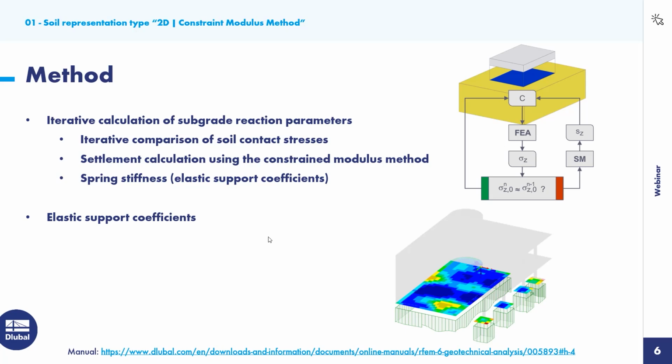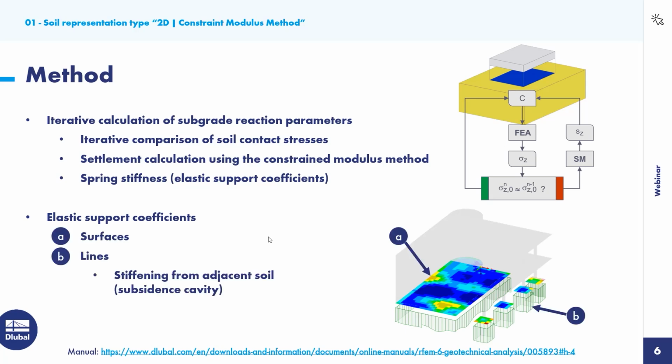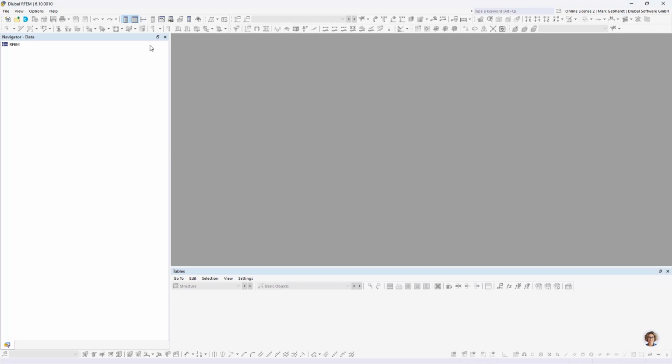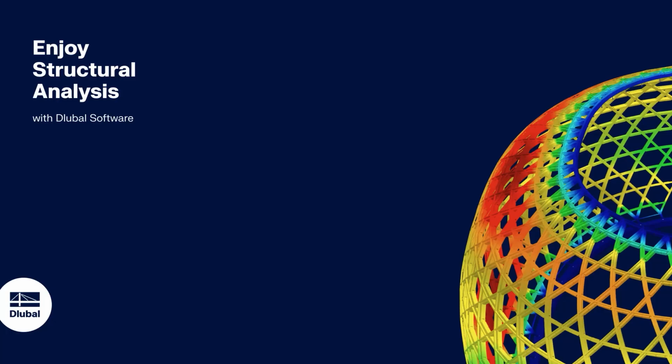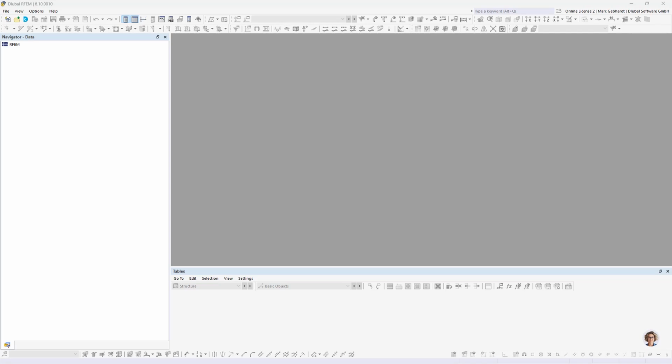They are available for, first of all, the surfaces and additionally for the lines to get additional stiffening from the adjacent soil.